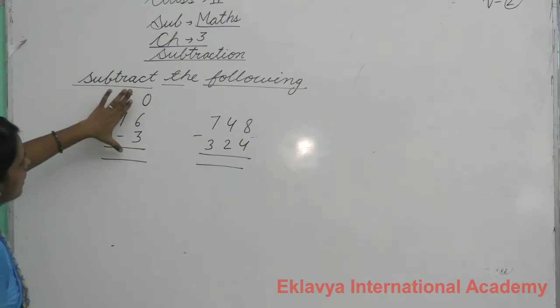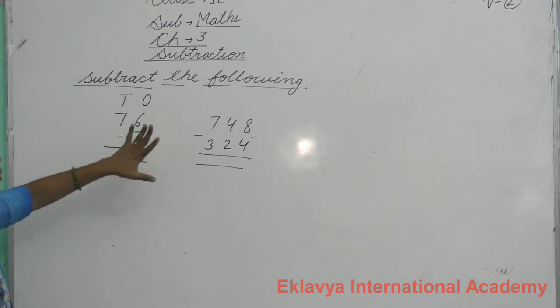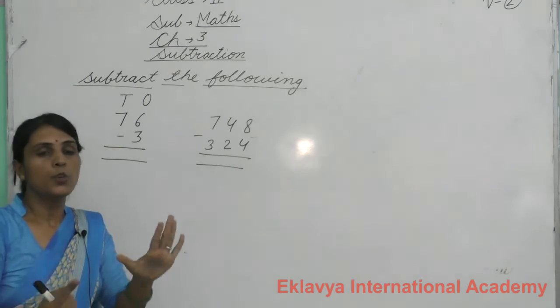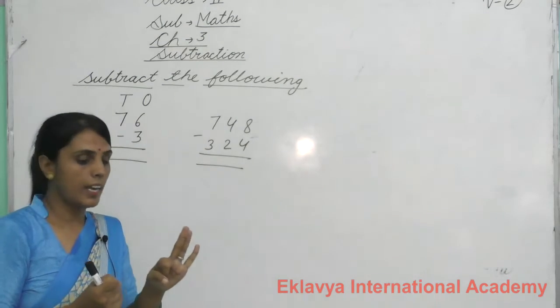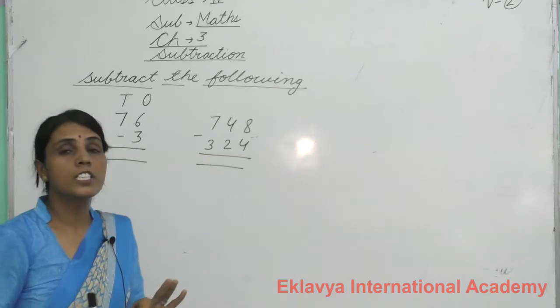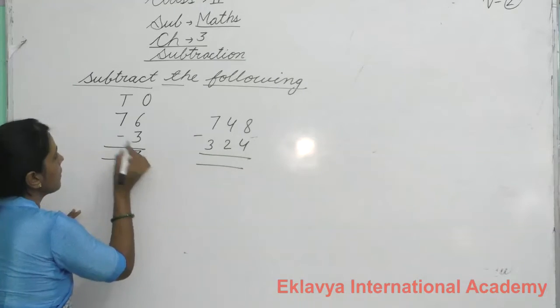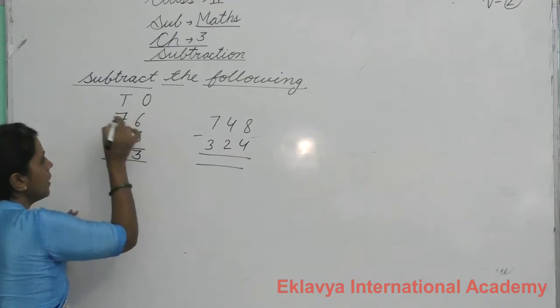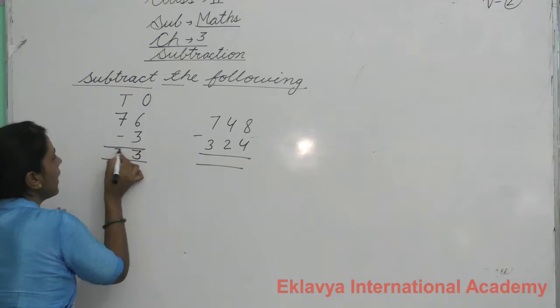We will take the turn of the 1's place. You have 6 toffees. You want to eat 3 toffees. Can you eat? Yes, you can eat. How many toffees do you have? 3. Here is 7 toffees. You didn't eat anything. You have 7.